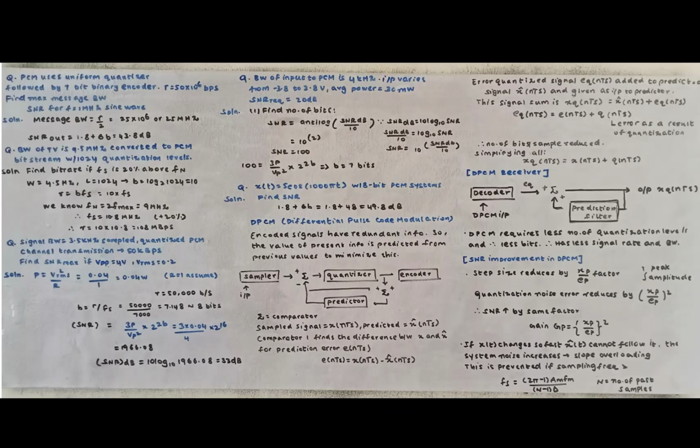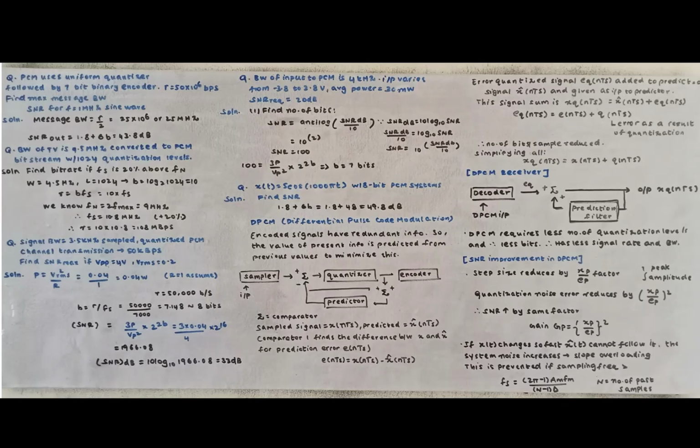And then we're given that R is 50,000 bits per second. So we calculate the number of bits from that to be R by Fs, which is 8 bits. So you actually round it up. If you get 7.2, 7.0 something, it still rounds up to 8. SNR, the formula we discussed, 3P by Bp square times 2 power 2b becomes 1966.08. You convert that into decibels, and it becomes 33 decibels.